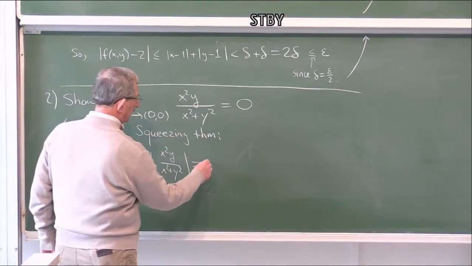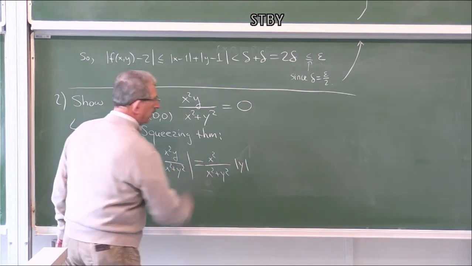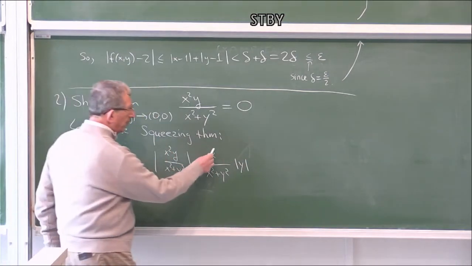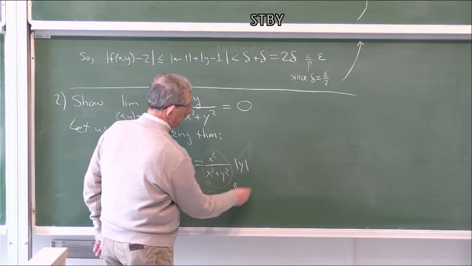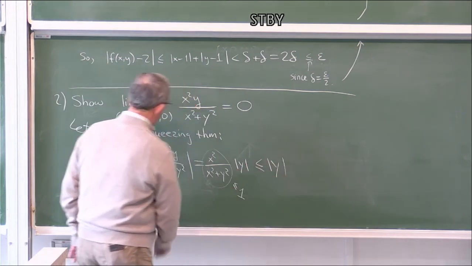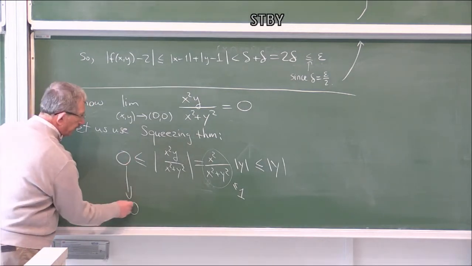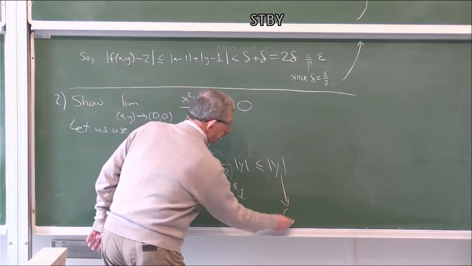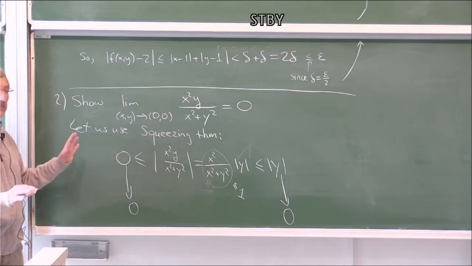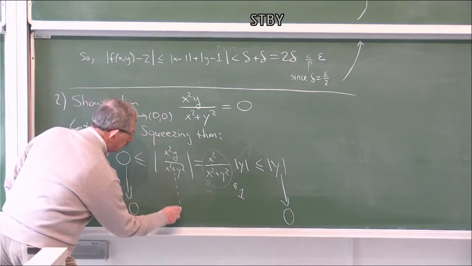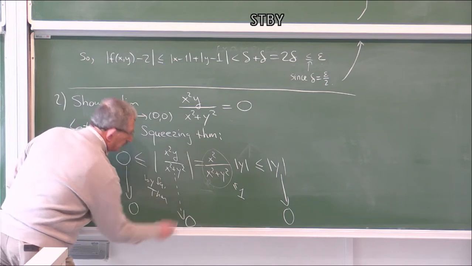This is exactly x squared over x squared plus y squared times absolute y. Now, this term is always less than or equal to 1. So this is less than or equal to absolute y. The absolute value cannot be negative. And this one goes to 0 when y goes to 0, obviously. So we know this. Now, by the squeezing theorem, this also goes to 0.